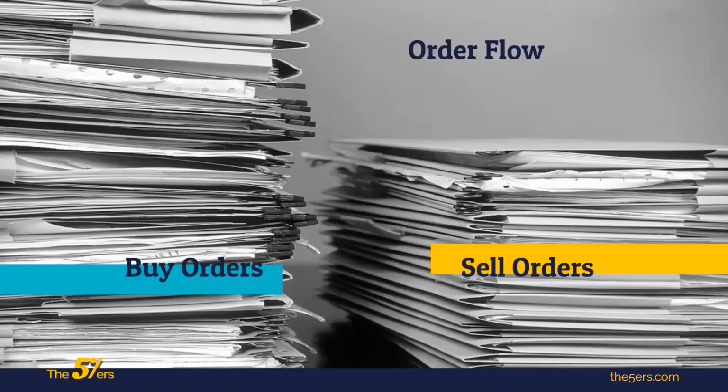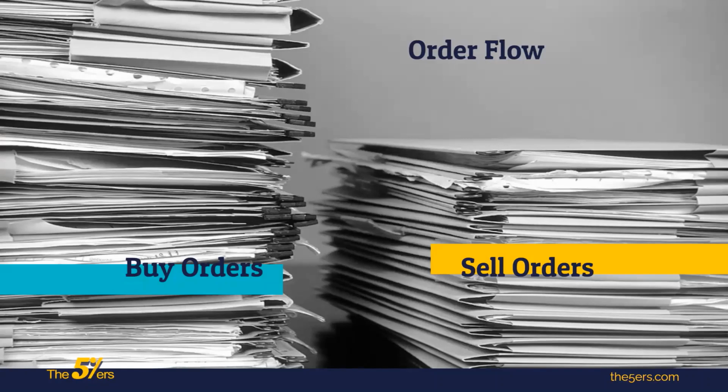So the actual way to look at this, if we're going to look at a very old school view of what a market is, what is the exchange, what happened at the exchange, just imagine these two piles of orders. On the right side, we have the sales orders that are represented by the lower pile of orders.